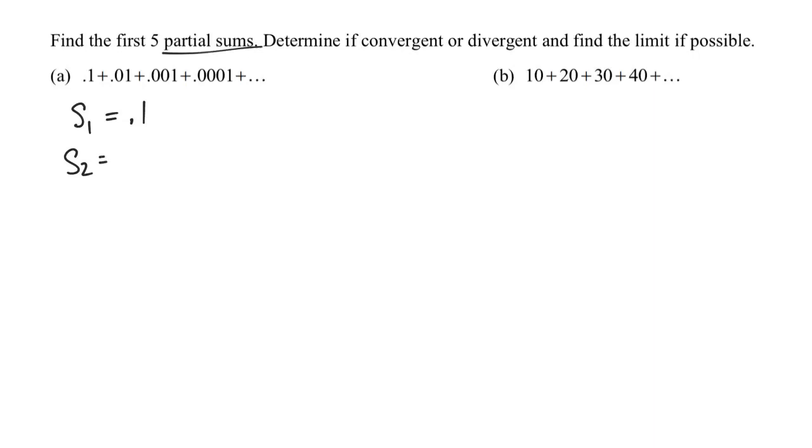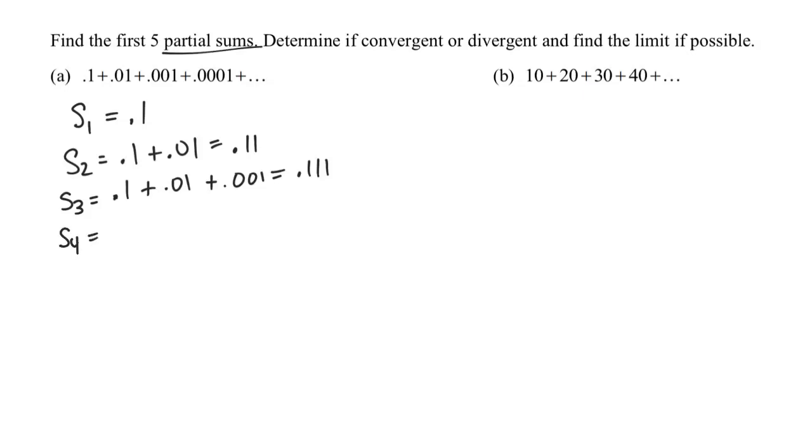The second partial sum will be the sum of the first 2 terms, so 0.1 plus 0.01, which will give me 0.11. The third partial sum then will be 0.1 plus 0.01 plus 0.001, which will result in 0.111.